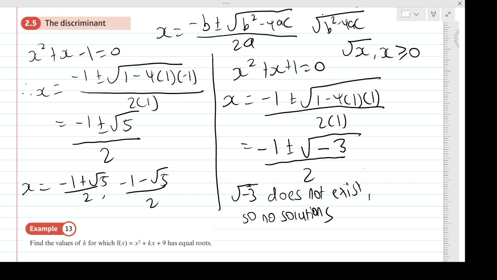If you have a negative under the square root, like root minus 1, that can't happen. Put that in the calculator and it should say error, because it's not something we can really work with.